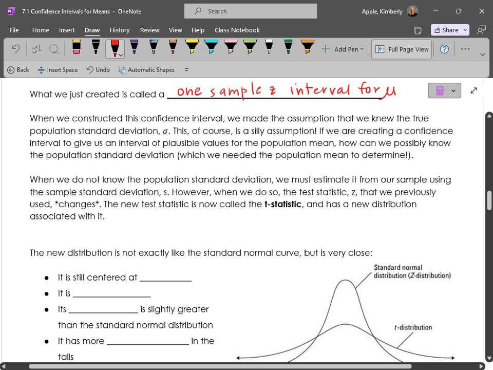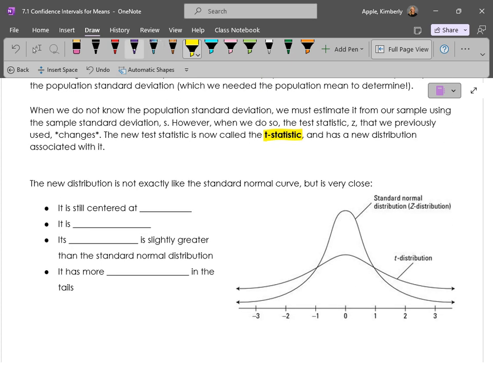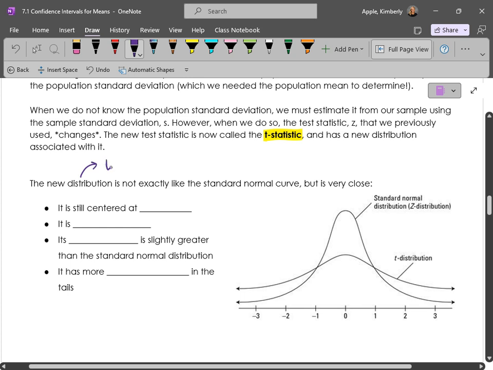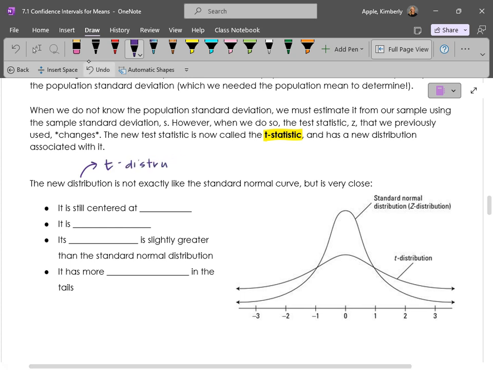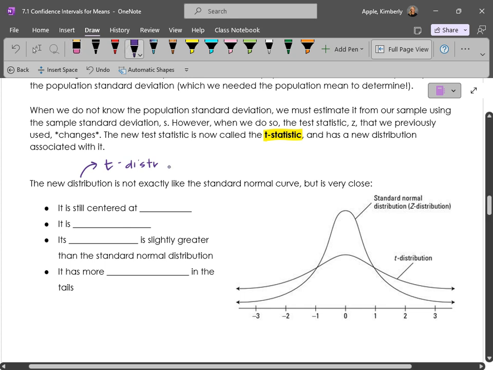So the new statistic is now called the t statistic. It has a new distribution, which is called the t distribution, not the normal distribution. It's also called the student's t distribution, for the guy that discovered it.